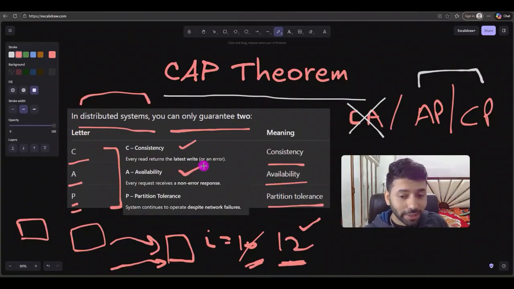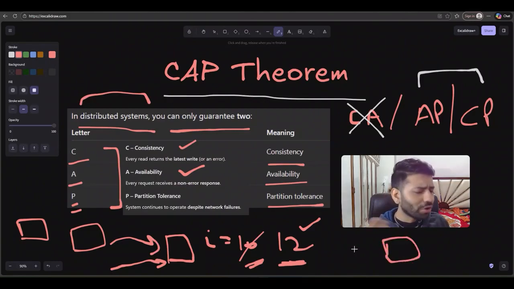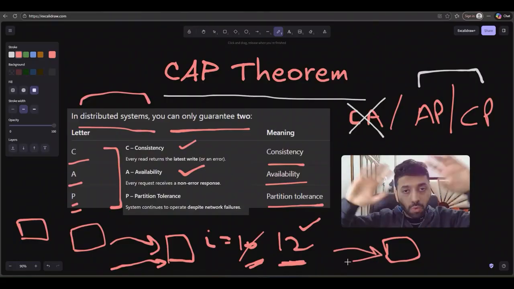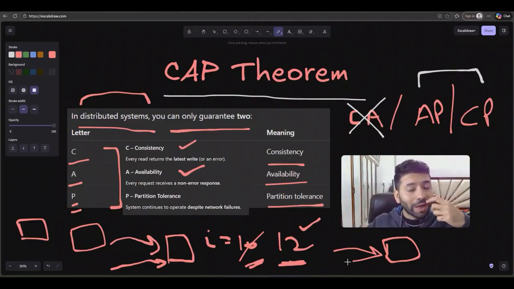The next term is availability, which means your system should be available. For example, this is your system, or you can say database. Any request can come to your system at any time, because your system is distributed and might be serving requests from all over the world. We have different time zones, so you may get a request anytime, and you need to be available 24/7.